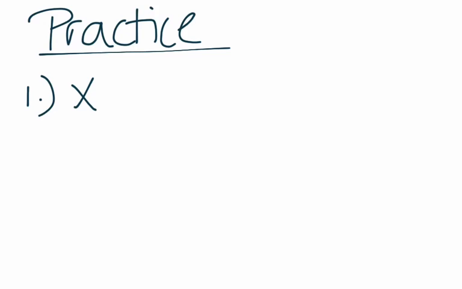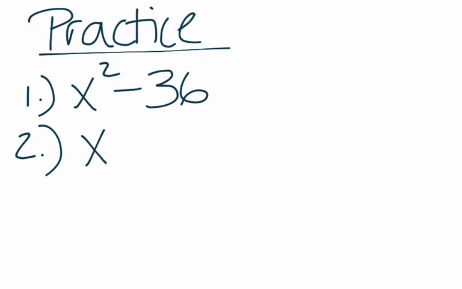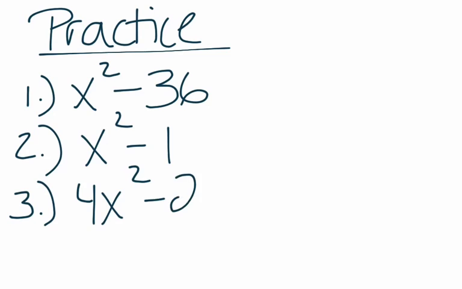It's a challenge problem. So I want you to factor x squared minus 36. I want you to factor x squared minus 1. And then I want you to factor 4x squared minus 25. Now, this one is more challenging, and I broke the mold.